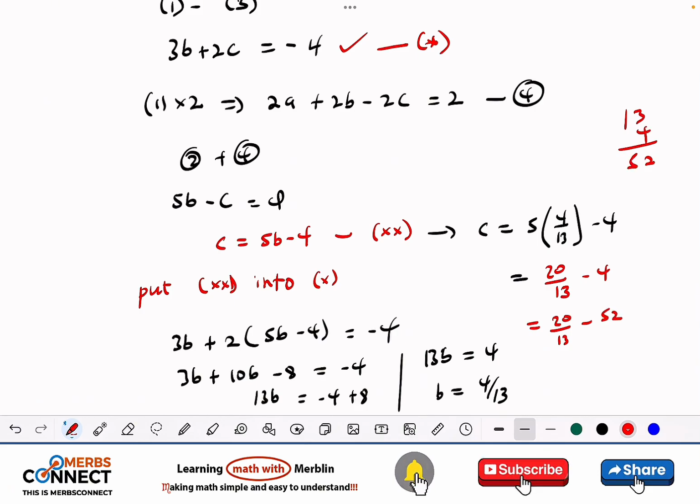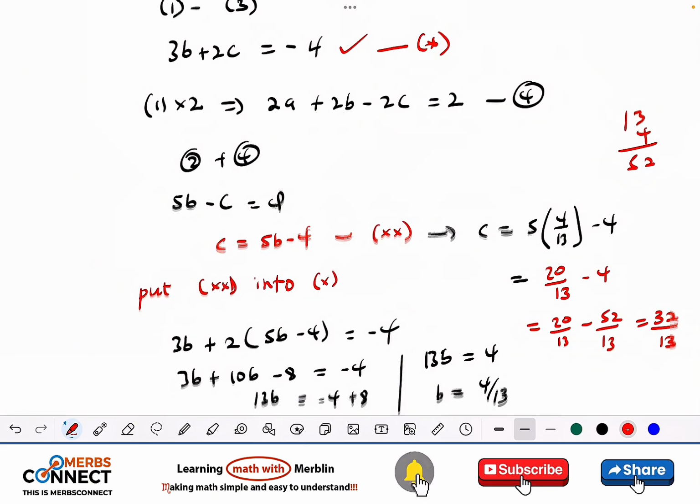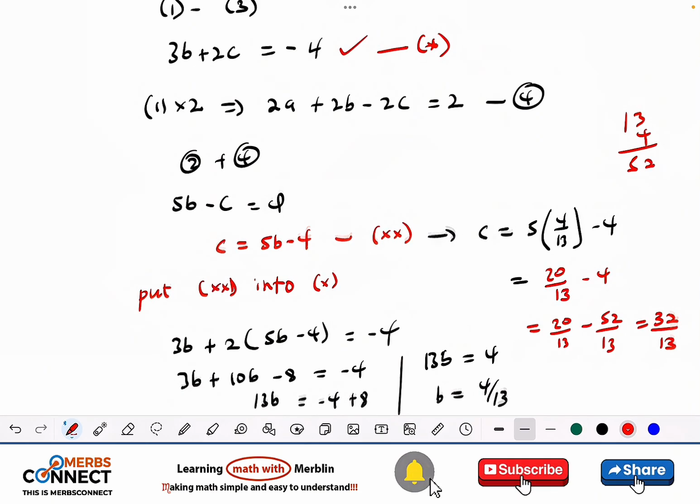So this one will be minus 32 divided by 13. Yes, indeed, that's right. So now we have c, we have b, we can find a, right?